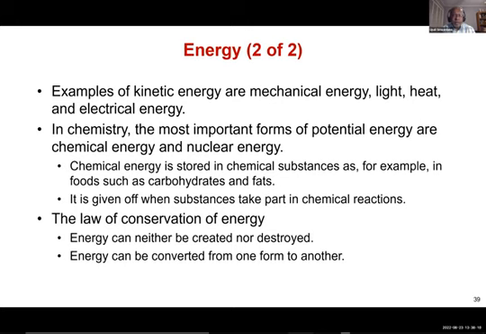A current is passing from positive end to negative end. You probably heard about that. Therefore, mechanical energy, light energy, heat energy, and electric energy are kinetic energy.